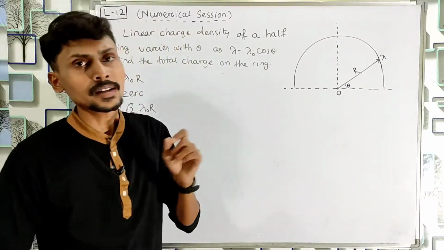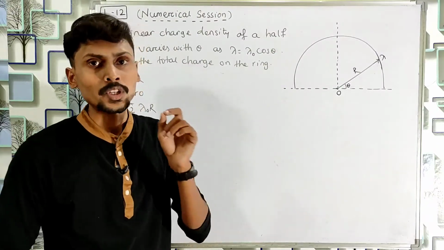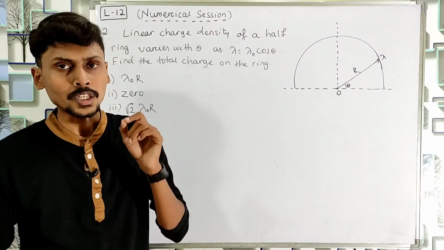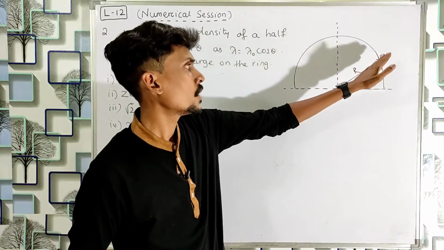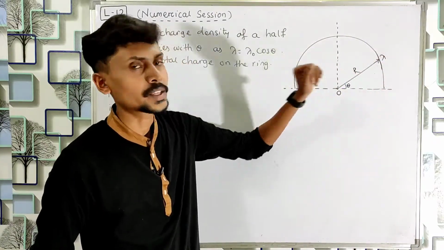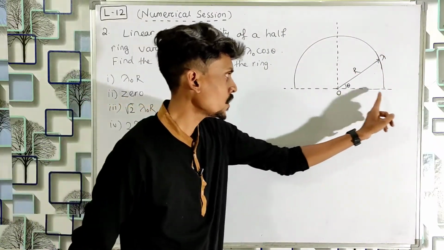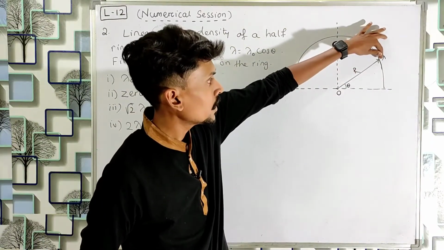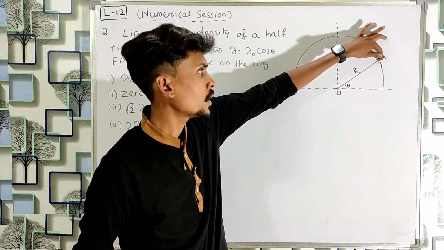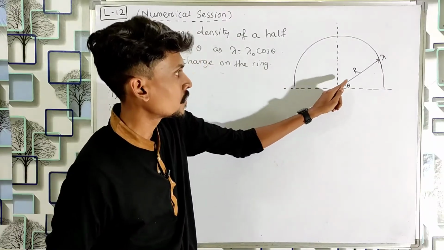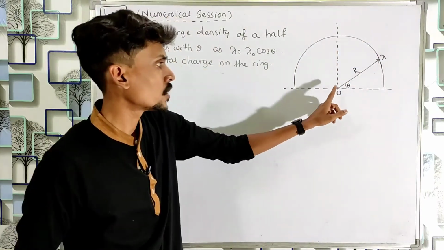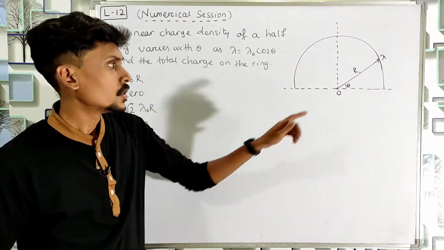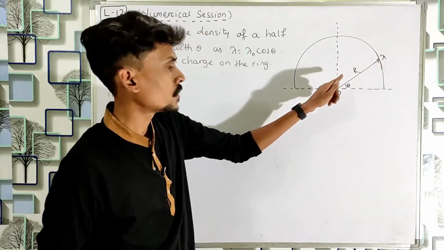Theta is the angle between the position vector of any point on the ring and the x-axis. Suppose this is the x-axis, and if you choose a point here, then the position vector of this point will be this vector. Join that point with the center O. This one will be the position vector.